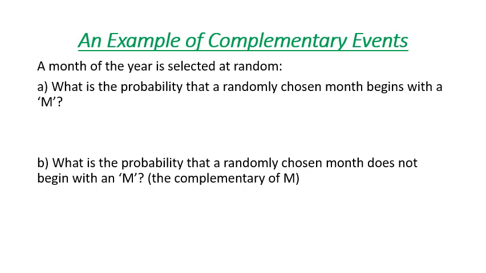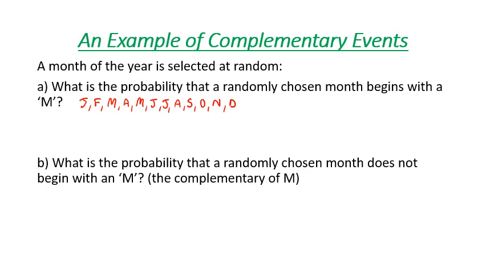So let's have a look at a couple of examples to try and solidify this understanding. A month of the year is selected at random. What is the probability that a randomly chosen month begins with the letter M? So we need to find our months of the year. We've got January, February, March, April, May, June, July, August, September, October, November, December.